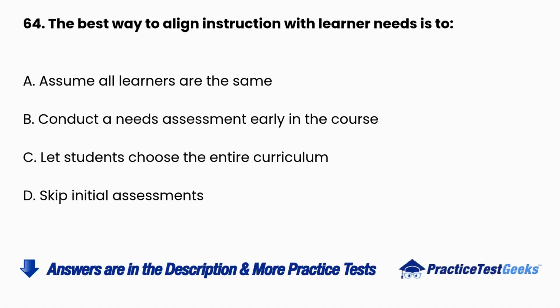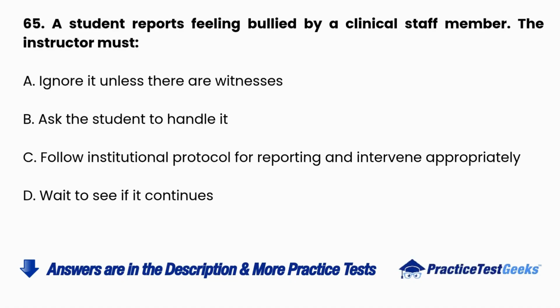64. The best way to align instruction with learner needs is to A. Assume all learners are the same. B. Conduct a needs assessment early in the course. C. Let students choose the entire curriculum. D. Skip initial assessments. 65.